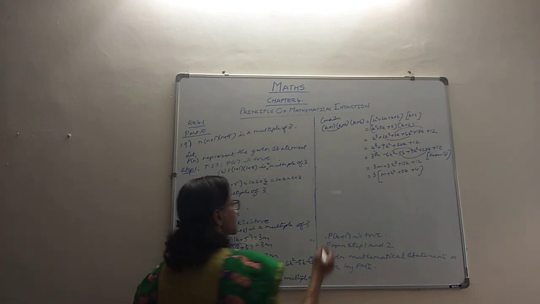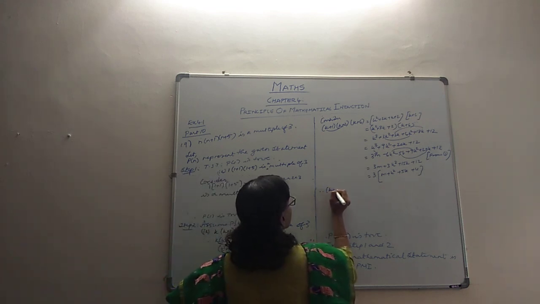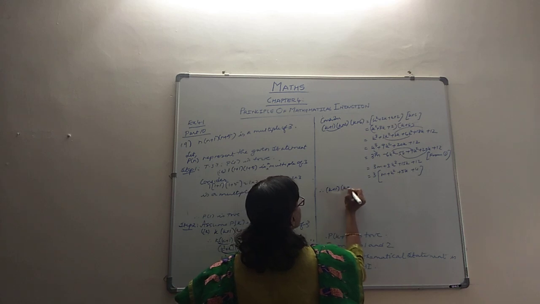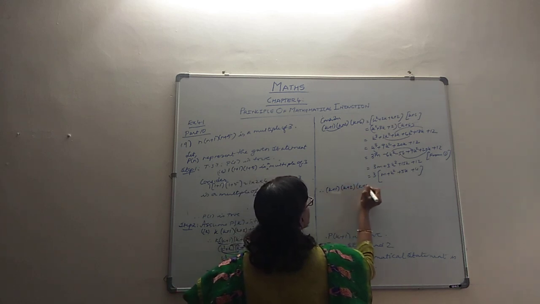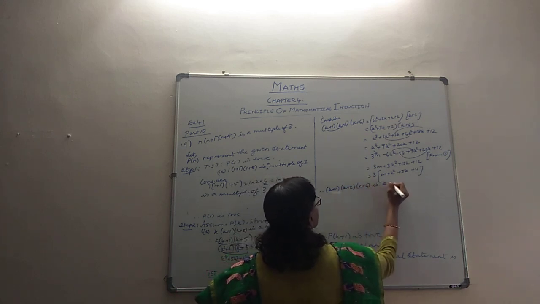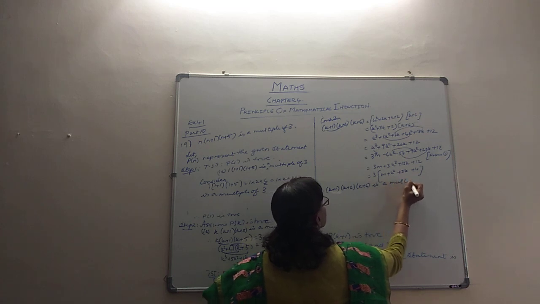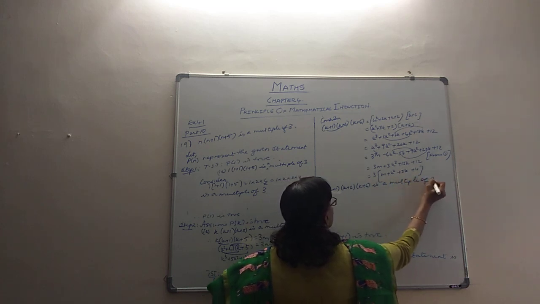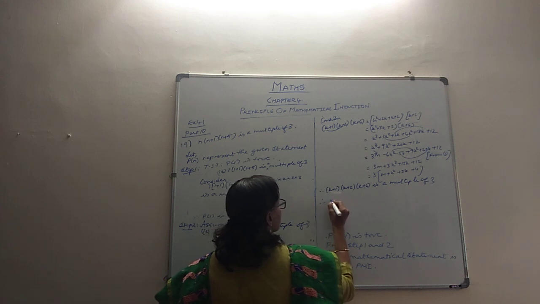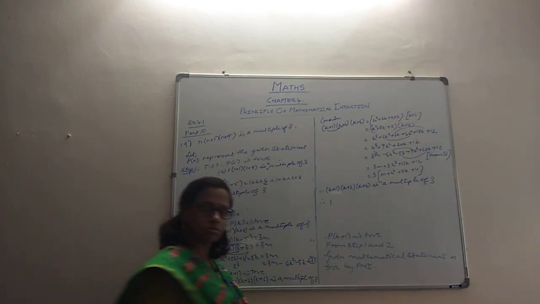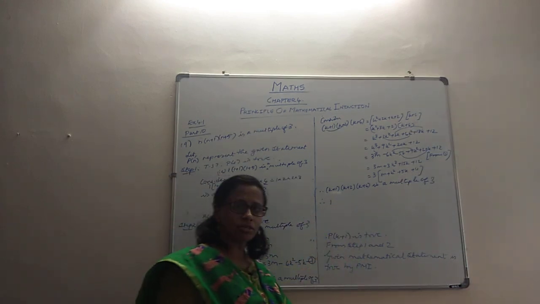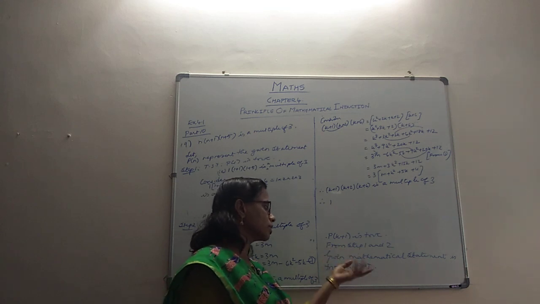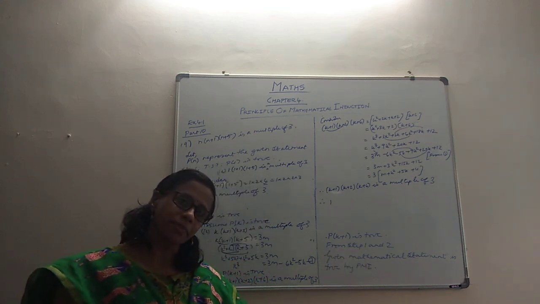Therefore, k plus 1, k plus 2, k plus 6 is a multiple of 3. Therefore, P(k+1) is true. So from steps 1 and 2, the given mathematical statement is true by PMI.